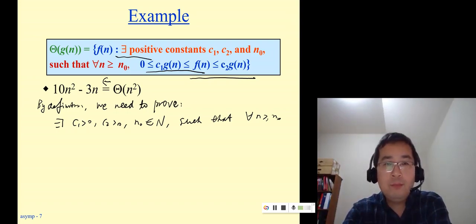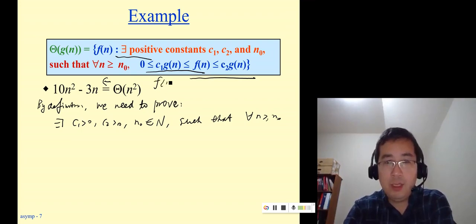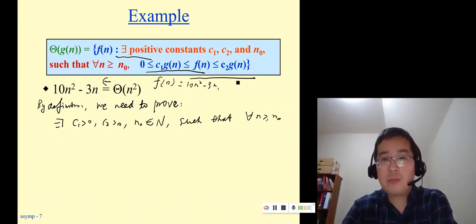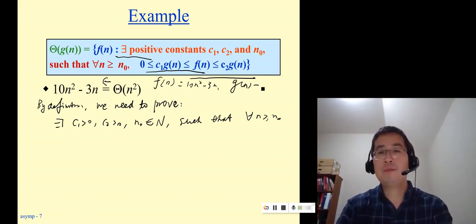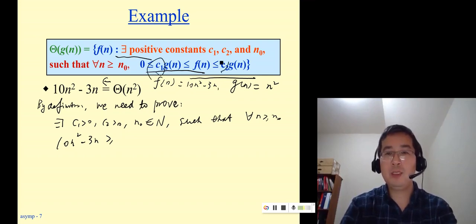Before this, it is better to write it out to make it easy. f of n is 10n squared minus 3n, and g of n is n squared. C1, C2, and n0 are unknown. All the other things, f of n, g of n, are known.